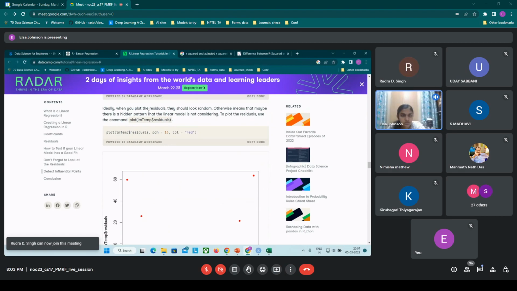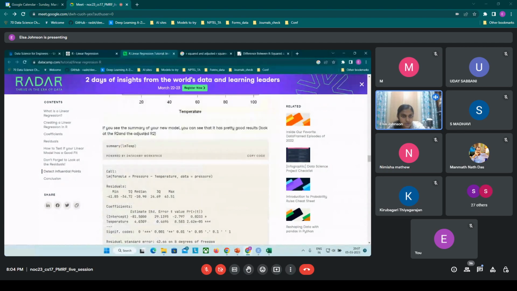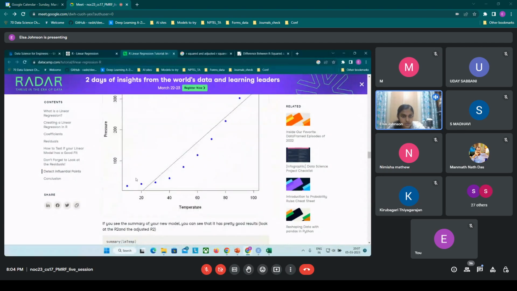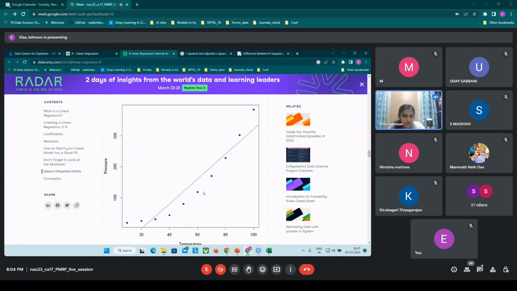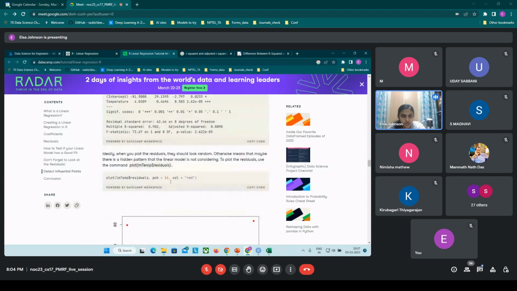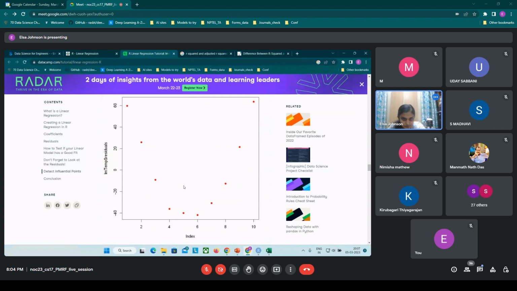In this particular example, earlier it was pressure and temperature. This is the summary of the model, and this is what the data points looked like. Now when they plot the residuals, it comes like this.